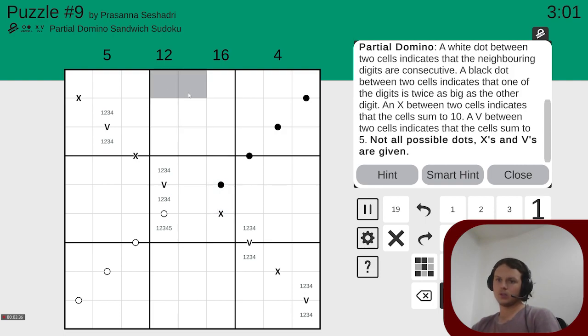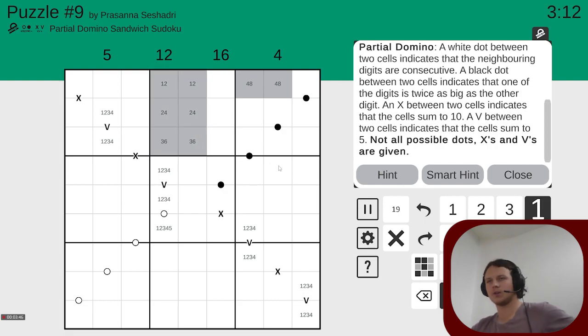Okay. So the combos that can go on a black dot are 1 and 2, 2 and 4, 3 and 6, and 4 and 8. Those are the only combos that can go on a black dot.